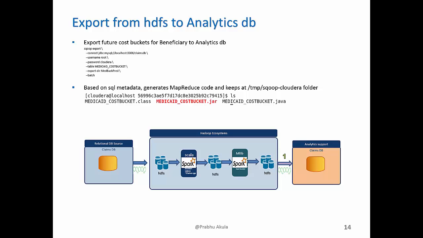In this case, I'm going to keep this in the Medicaid cost bucket table. It's going to load in batch mode, and once we submit this query, Sqoop is going to create these MR jobs. It's going to create those .java, .class, and jar files.